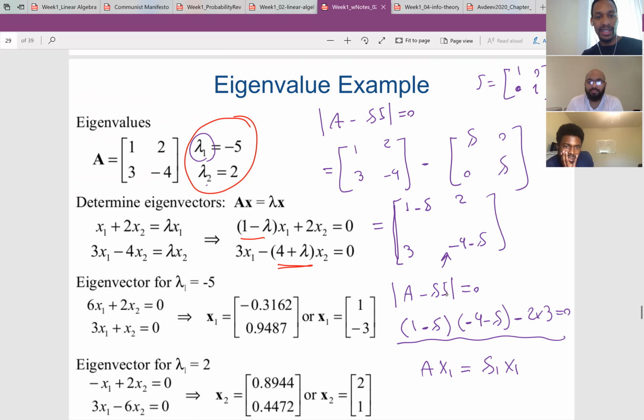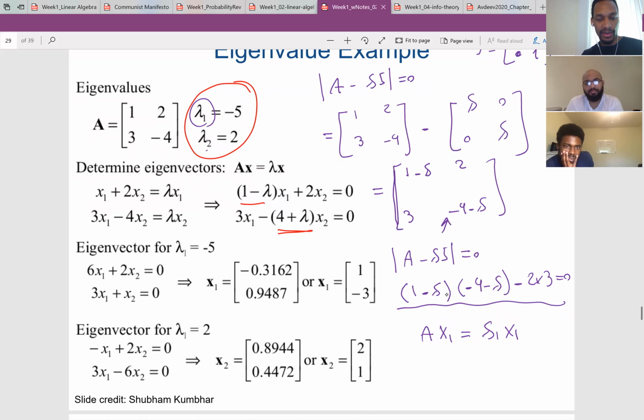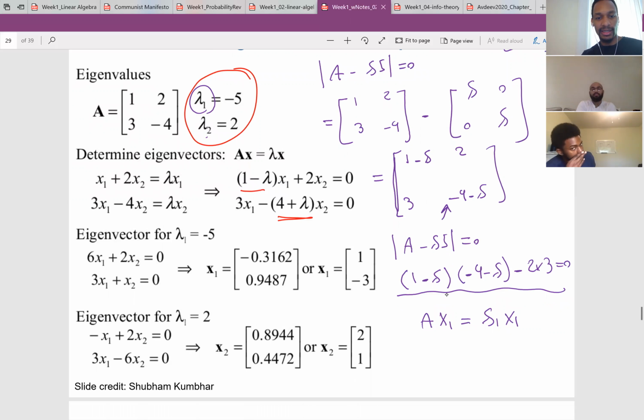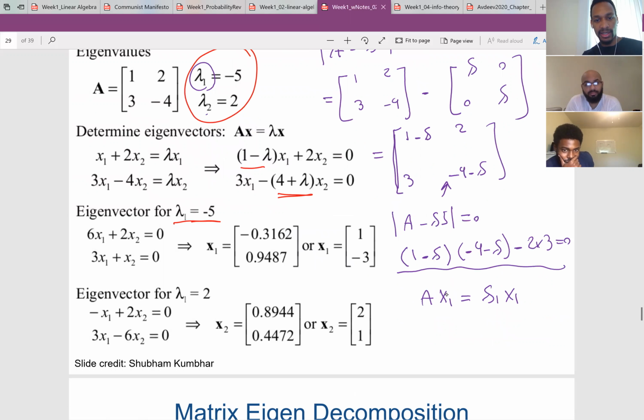They've already found the eigenvalues by doing the first step, and now they plug that back into the equation with the different lambdas. So this is for lambda equals -5, and then they find this eigenvector here. I'm assuming this is the normalized eigenvector, which means that the norm of x1 is 1. So you can always normalize by just dividing by the norm of the vector itself.